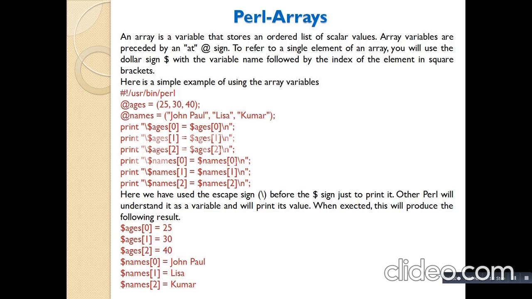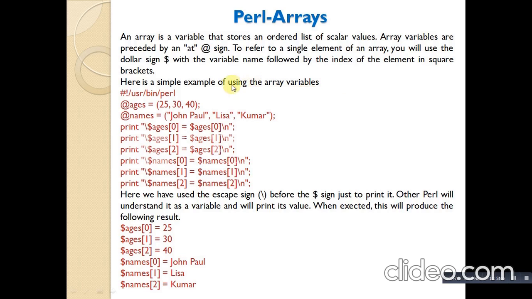To refer to a single element of an array, we use the $ sign with the variable name followed by the index of the particular element which we want in square brackets. So here is the example.